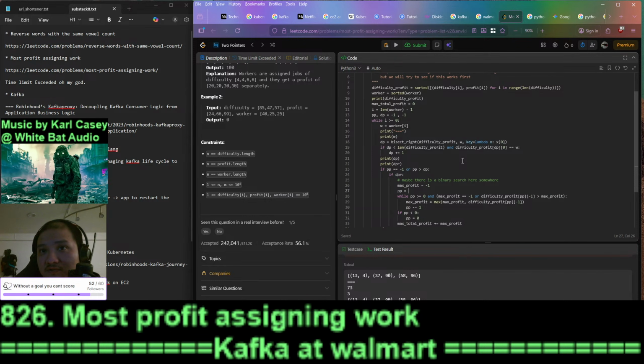Okay, so what do we start at? We start at DP. Length is that, otherwise okay, this give me the right most index.